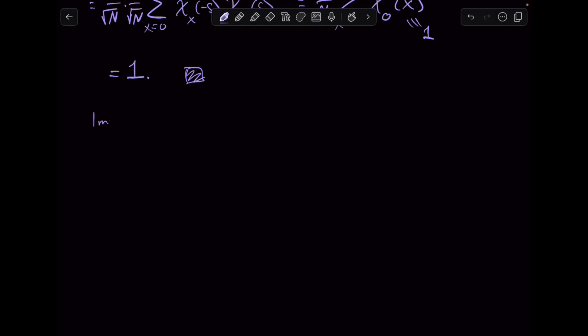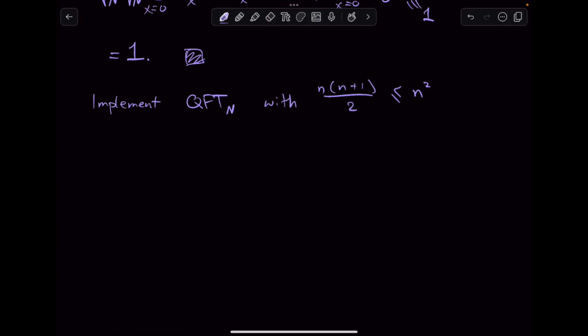So now we're going to show how you can implement QFT for some particular n with n times n plus 1 over 2 gates, which is less than n squared. And sorry, only 1 and 2 qubit gates here.